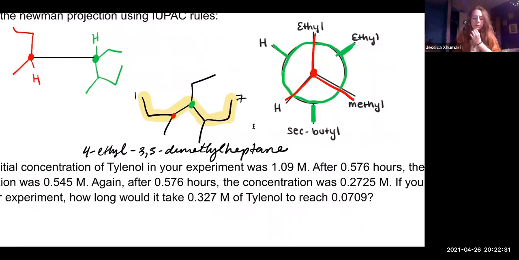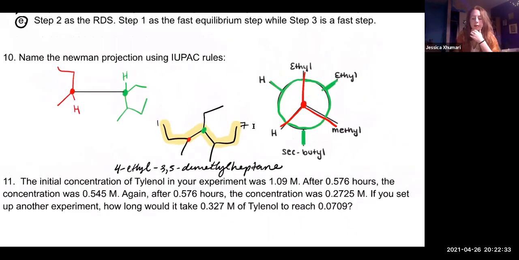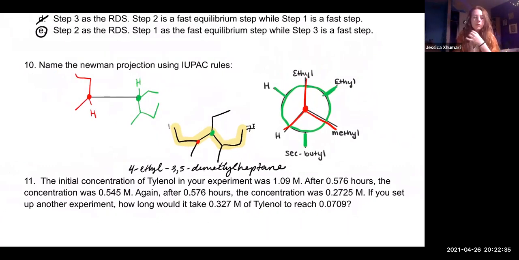Okay. Any questions on my process here? I looked at the Newman projection, translated it to kind of an ugly molecule here, but it made sense because I could see what's coming off of each carbon. And then I redrew it so it's easier to interpret.